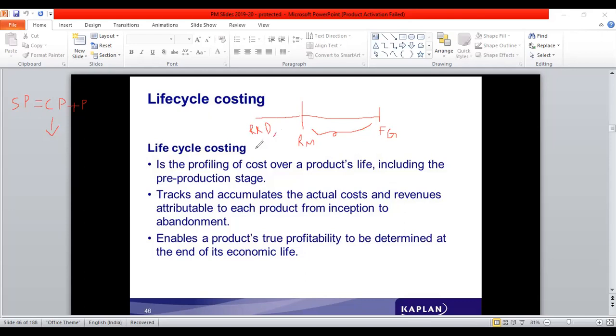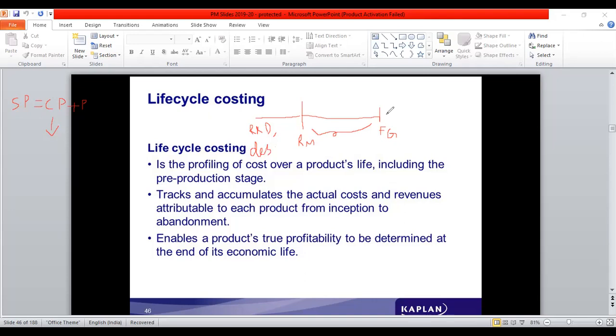They also have to be recovered from the revenue which is generated. See, without research and development, without designing cost, the activity of production cannot start. It cannot start manufacturing. All that has to be established and set up. Then things work out, and then they start manufacturing.